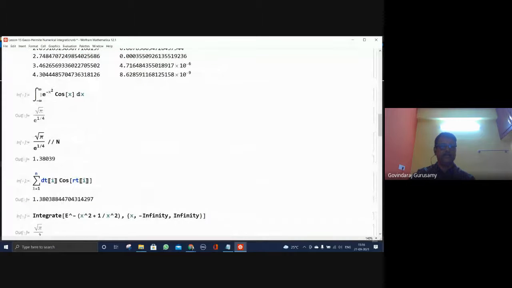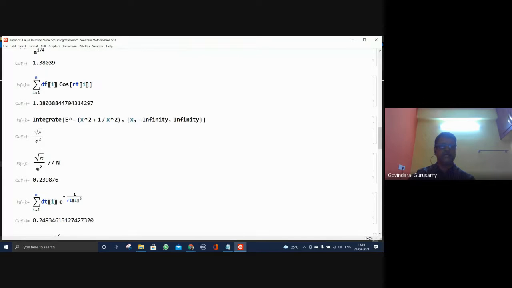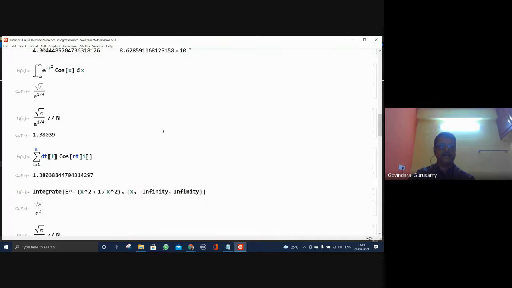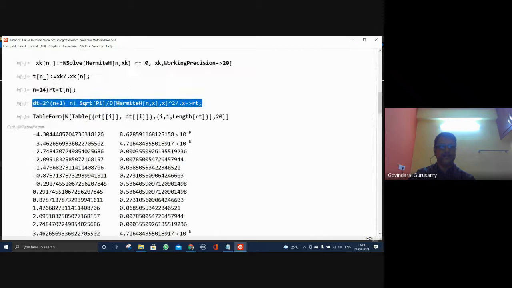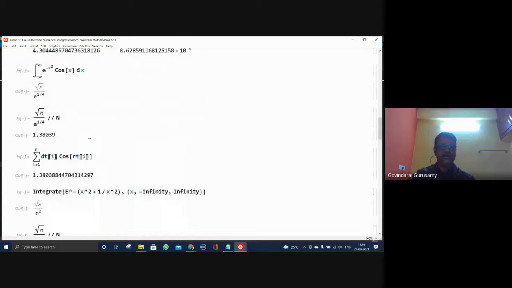So let's do the integration of e power minus x square cos x. Similar to that, you are going to add the weight function, where x is replaced by the so-called roots of this Hermite polynomial, and you need to have e power minus x square along with the integrand. So let me first evaluate this. This is the function e power minus x square cos x, which can be written in this form.